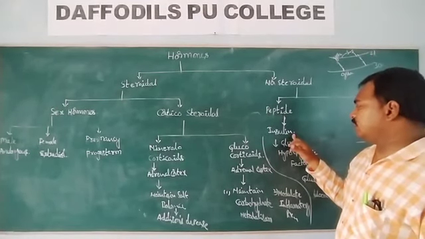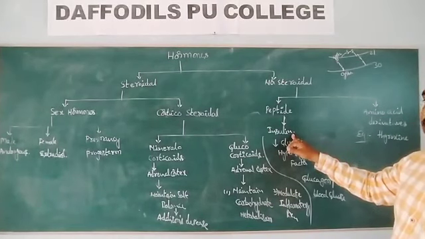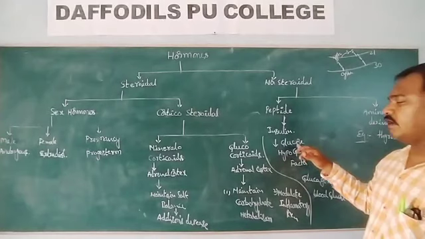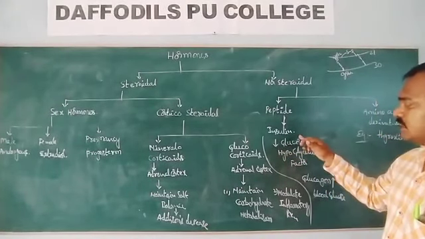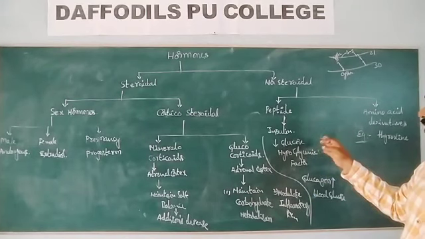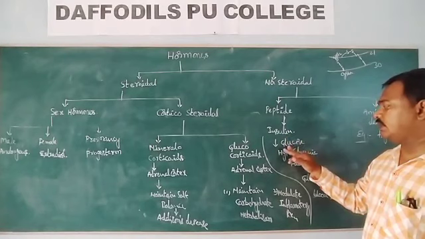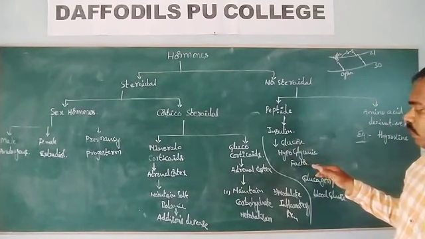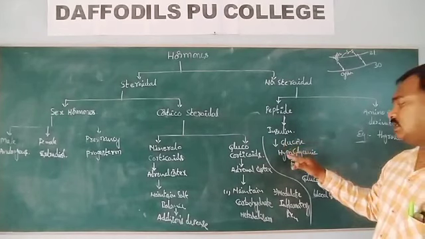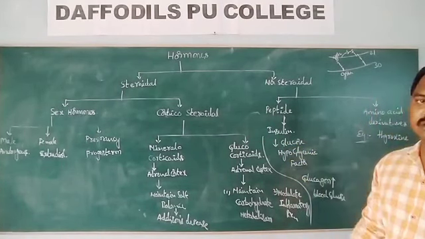This insulin is secreted by cells present in the pancreas, the islet cells. From the islet cells, we can separate the insulin. This insulin maintains the glucose levels in our body. It decreases the glucose levels in our body, hence it is known as a hypoglycemic factor.